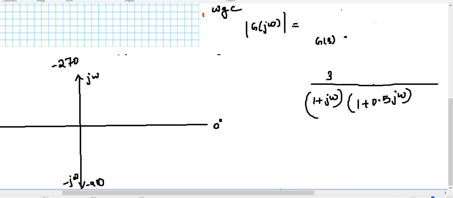What is G of s? G of s is 3 divided by (1 plus s) into (1 plus 0.5 s). This is our G of s.